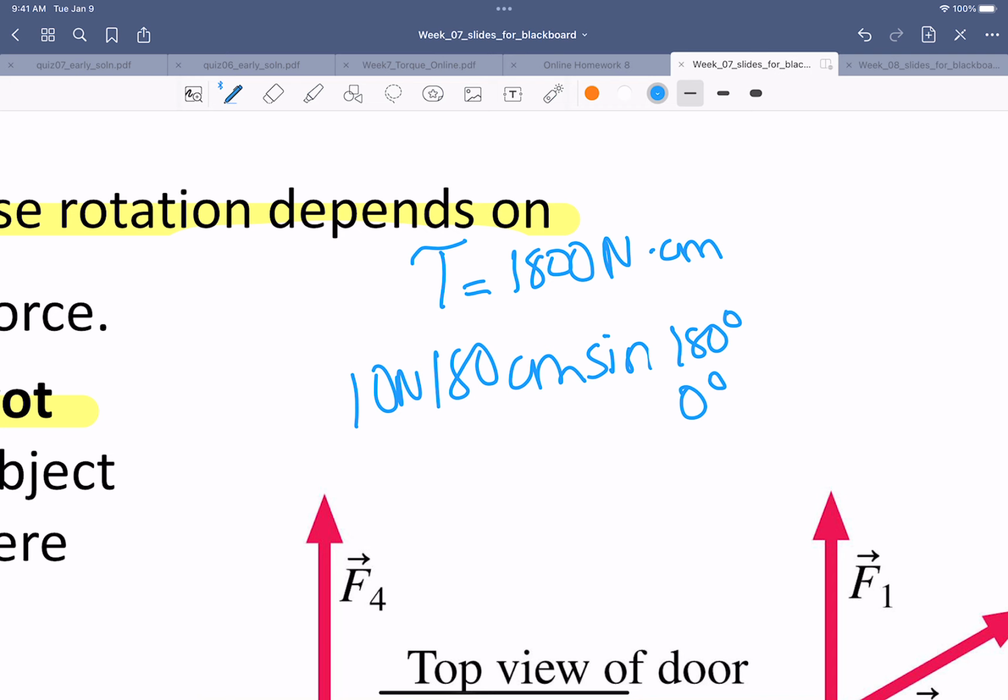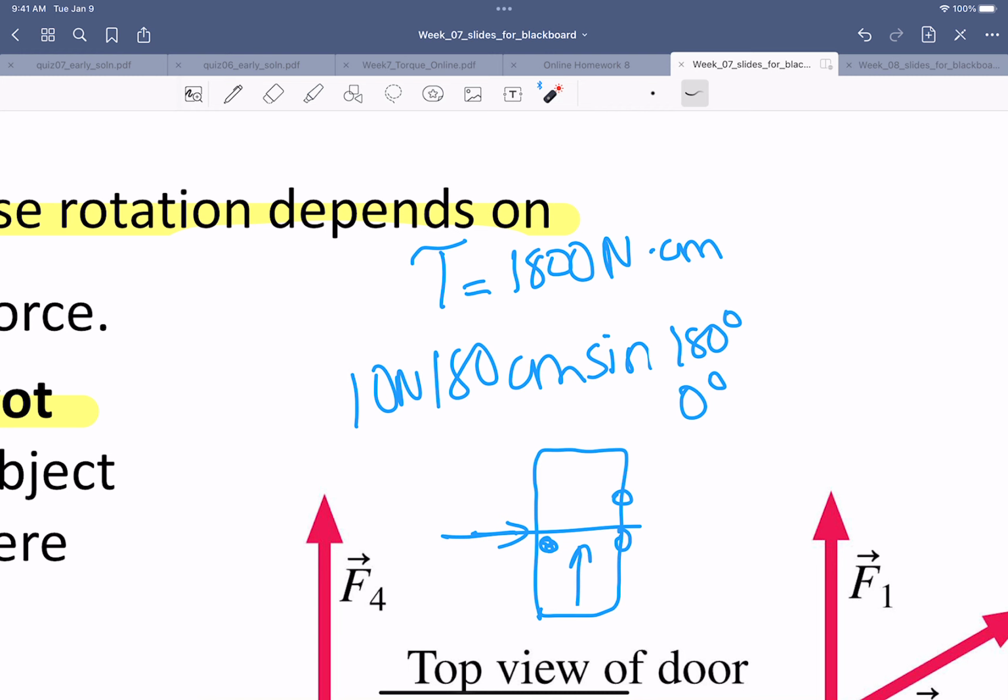If the door's like this, and here's the hinge, and I'm pushing literally this way, here's the doorknob. Instead of pushing to open or close the door normally like a normal person does, I push literally along the hinge or the radial line instead of perpendicular to it. So that would give me an angle of 180 or 0.